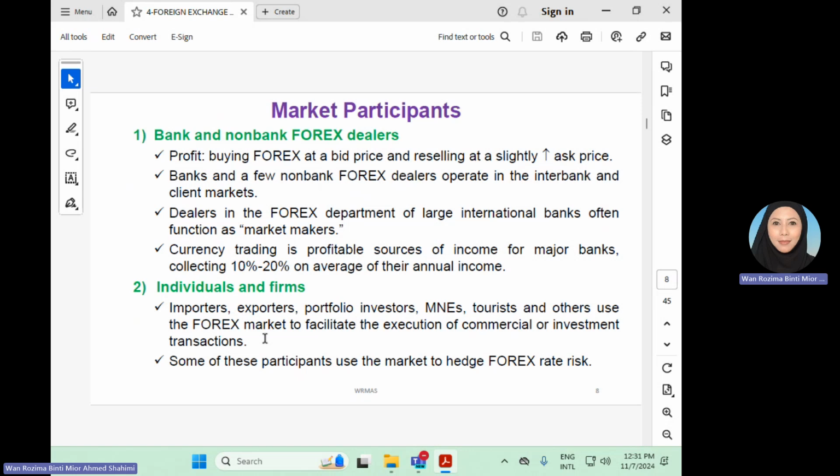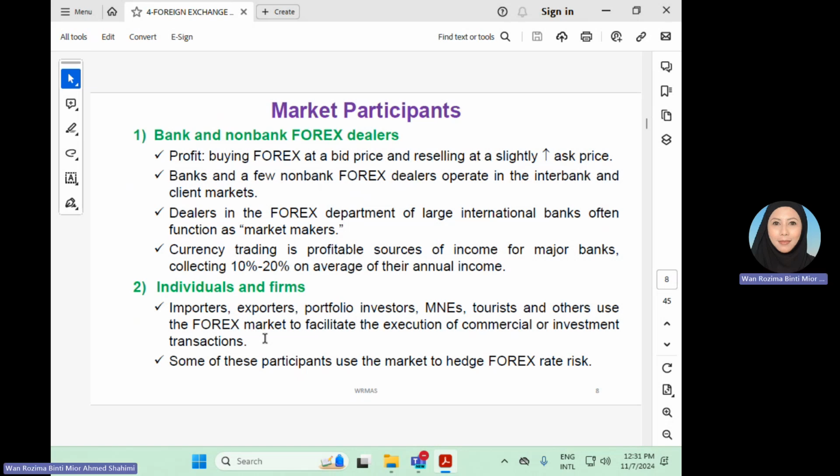For example, they have receivables where the transaction will be executed in the future, maybe 3 months or 6 months from now. The spot rate at that maturity is unknown. We cannot determine it now. We can forecast, but it might be a wrong forecast.